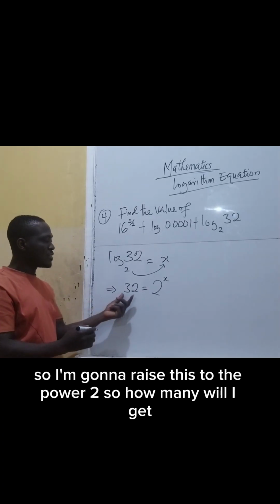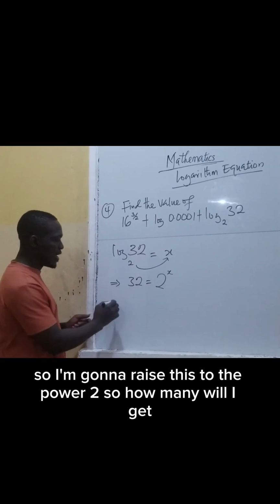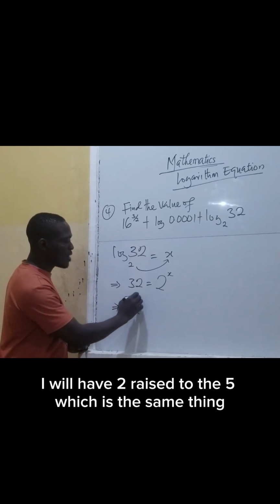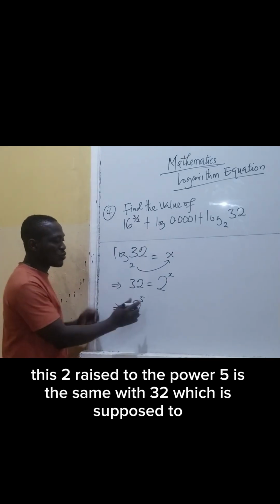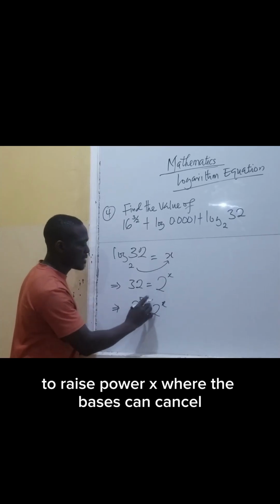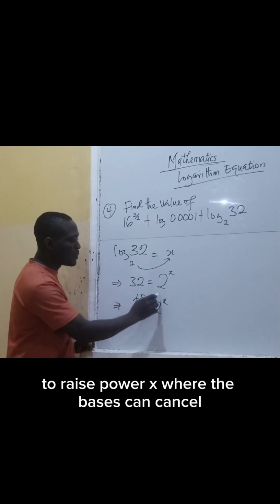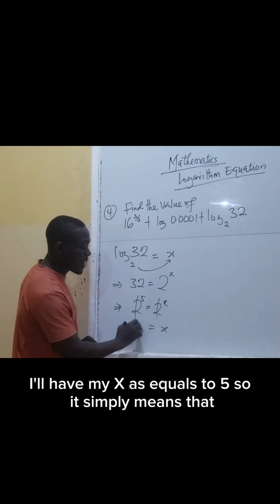So I'm going to raise 2 to a power. How many will I get? I will have 2 raised to power 5, which is the same thing. This 2 raised to power 5 is the same as 32, which equals 2 raised to power x, where the bases can cancel. I will have x equals 5.